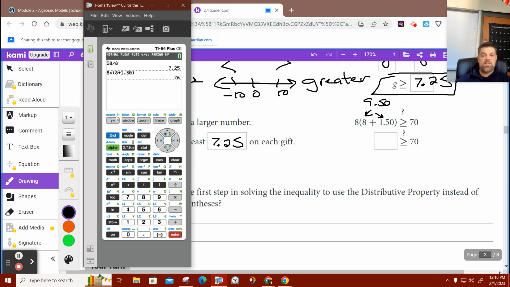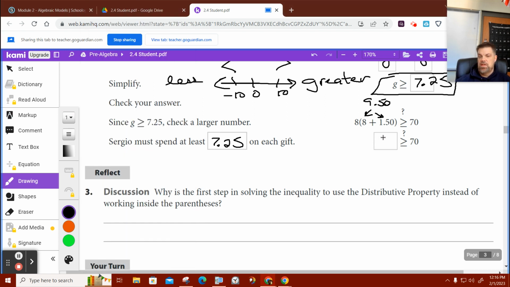And I get 76. Is that greater than or equal to 70? Yeah, so that's true. So our solution works. Now, if you were to plug in 7.25, you would get 70 is greater than or equal to 70. Is that true? Yeah.